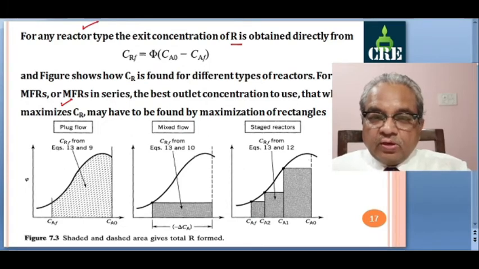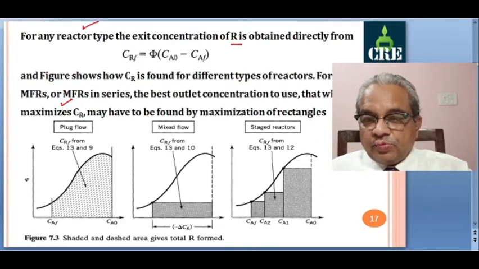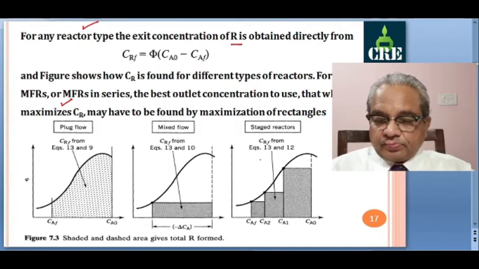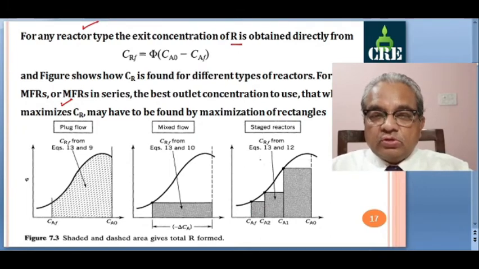This is the kind of typical curve you can see here. A single mixed flow reactor requires minimum volume. If staged reactors are there, then your objective is to minimize the total area, so we can use the method of maximization of rectangles which we have studied earlier.